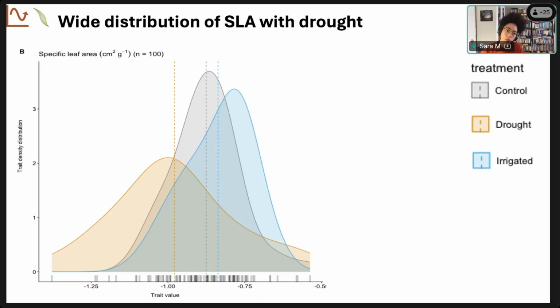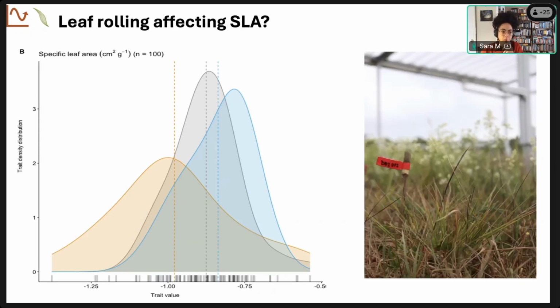Another interesting one was a wider distribution for specific leaf area. Usually when you have some stress, it results in a narrowing of the trait distribution. So it's quite interesting that drought actually had a very wide dispersion, and it's not what I was expecting. I'm wondering if it's maybe a slight issue with measuring specific leaf area, because it involves measuring the leaf area.